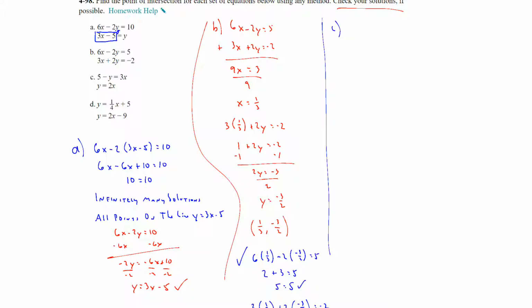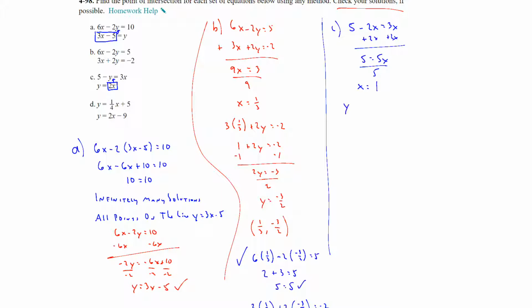Question C. 5 minus y equals 3x, y is equal to 2x, so this looks like a good substitution. Can take the 2x and plug it into the first equation for y, so we will have 5 minus 2x is equal to 3x. Add 2x to the other side. You have 5 equals 5x. Divide by 5. X is equal to 1.